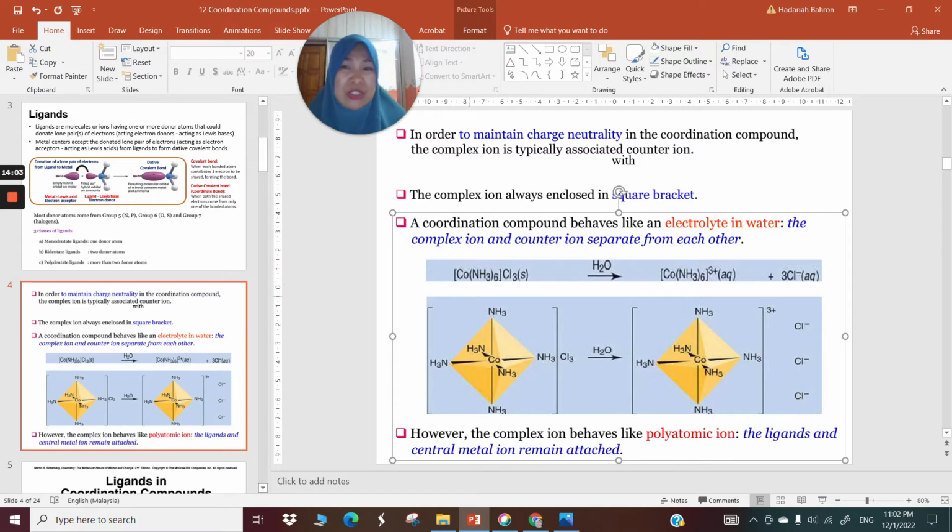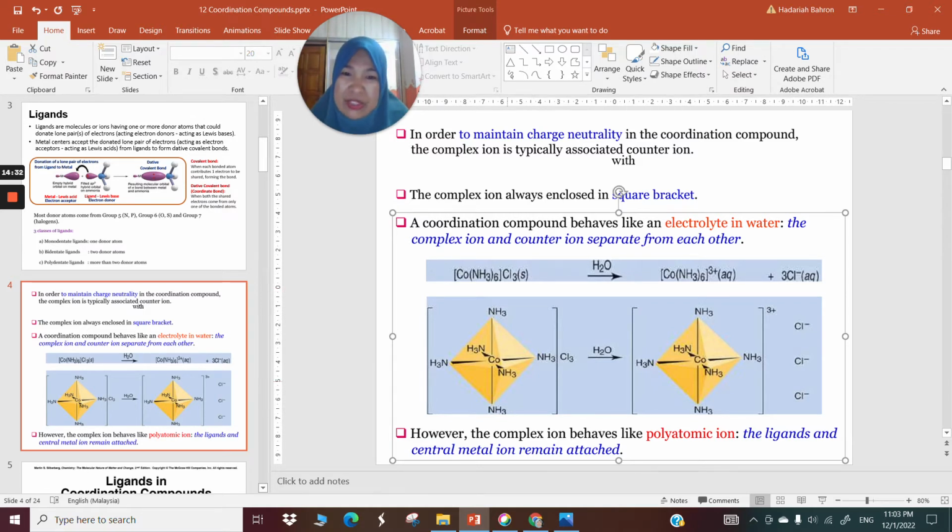In solid condition, they do not separate. Just like any other salt, they do not contain free ions. But when you dissolve it in a solvent, for example water, the two ions will separate. The complex ion will separate as Co(NH3)6 3+, and your 3 chloride will separate as 3Cl minus counter ions.